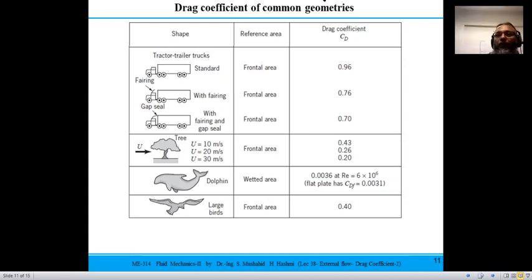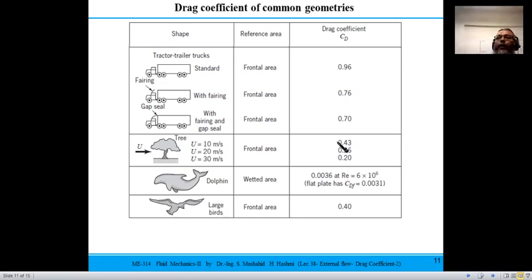Different geometries, like for example tractors, have a prime mover and a carriage. The prime mover is carrying the carriage, and we will go into the fairing, what is meant by the fairing. But just look at the trees at different wind speeds.